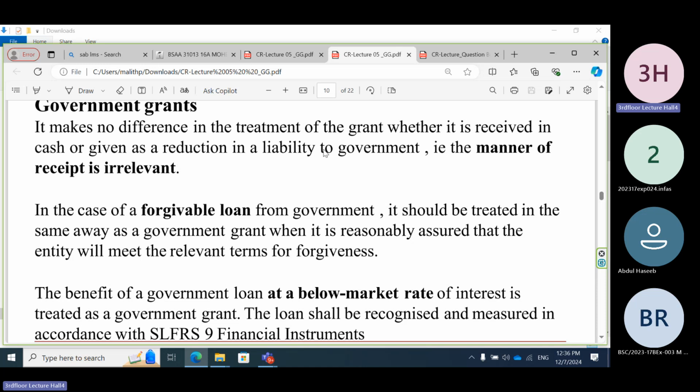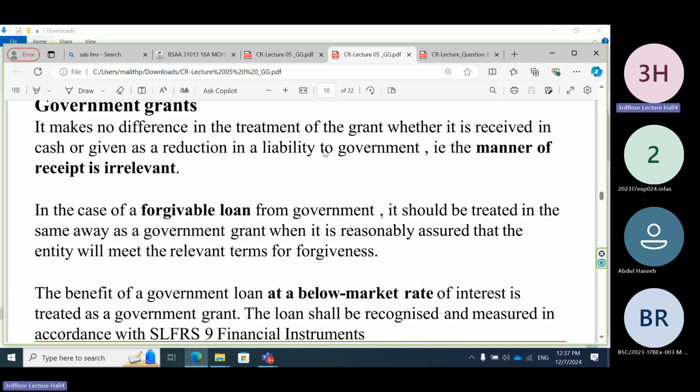That is also a government. Right? So then it may not be in cash mode; it may be a piece of land, or some other bulk of inventory. Cash or non-cash elements may be there. Or it may be an asset or a reduction of liability, or a reduction of expense.